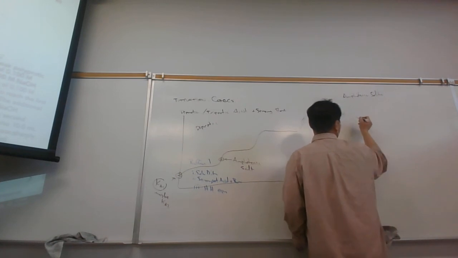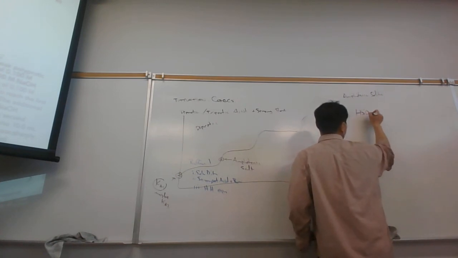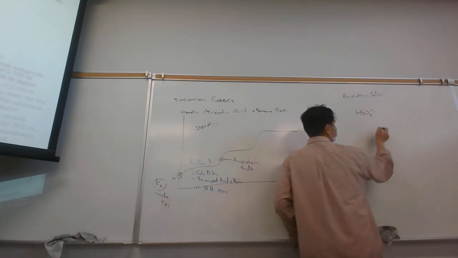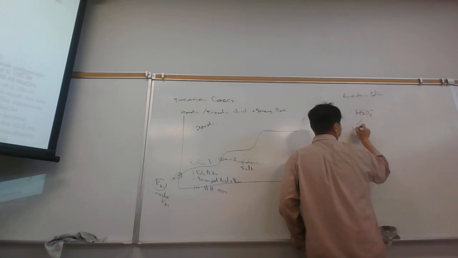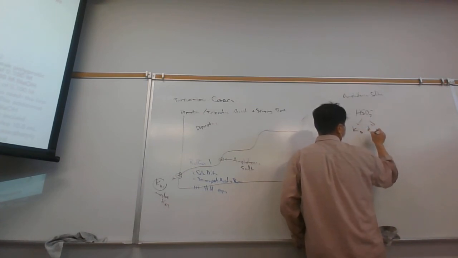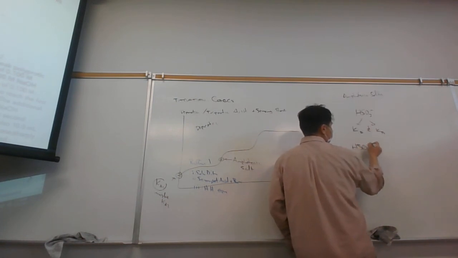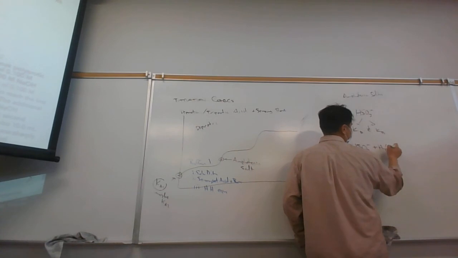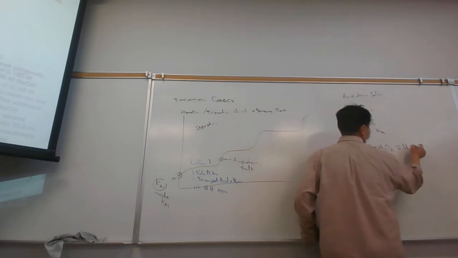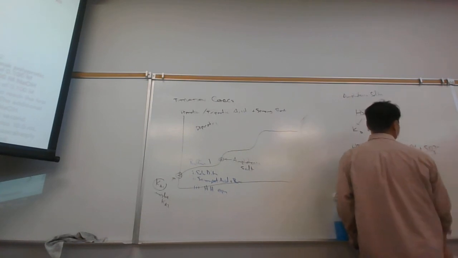An amphoteric salt would be something like HSO3 minus. HSO3 minus is going to have a Ka and a Kb. For the Ka, it's HSO3 minus plus H2O liquid producing H3O plus and SO3 2 minus.